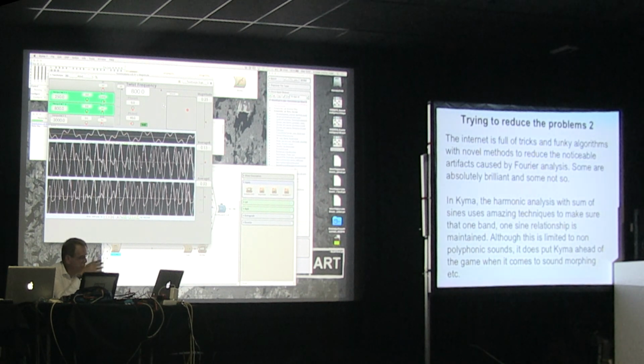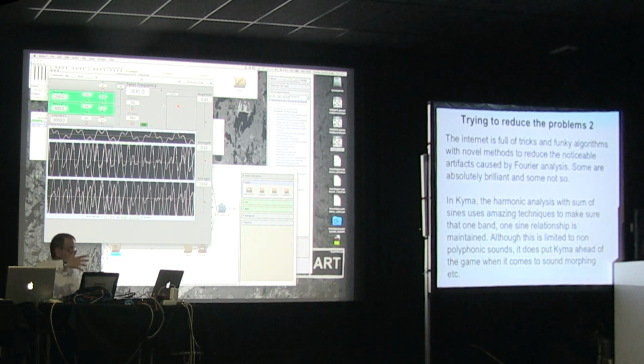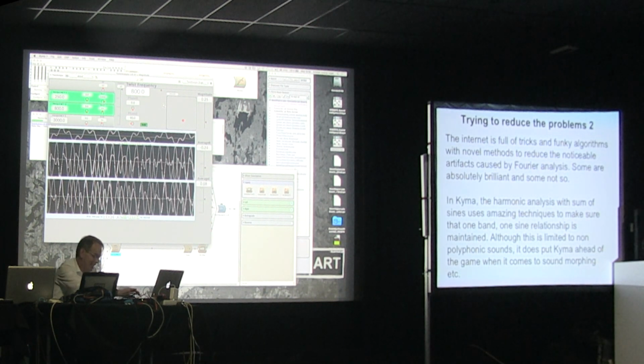Still have problems with noise portions. Let's say we've got speech and there are some noise parts that can still give problems. But in general, it's a pretty good approach, and I don't know how Kyma manages to get these signals that are moving up and down, but yet maintain this relationship between 1 sine and 1 band. It's a trick that I think she's keeping to herself. And I don't blame her.